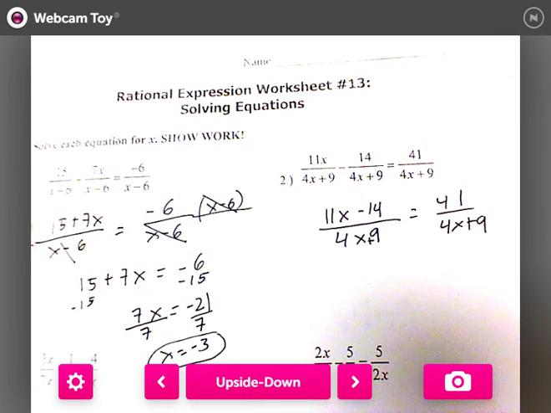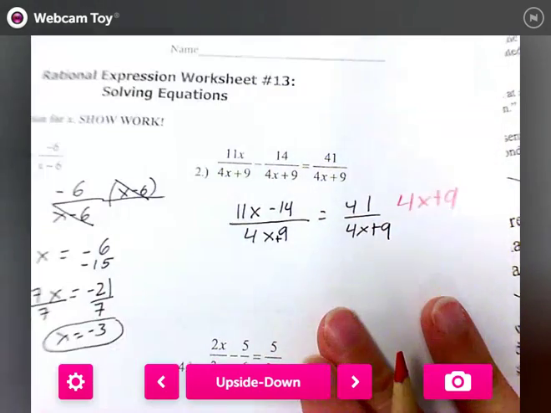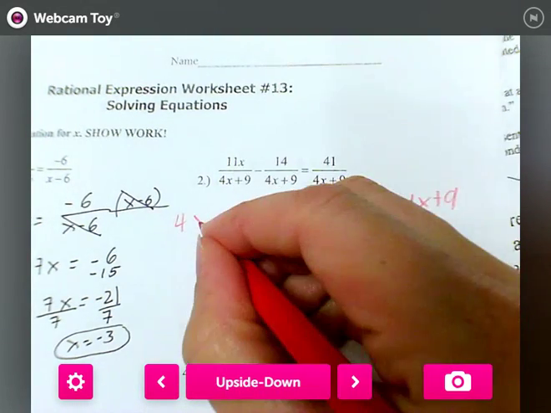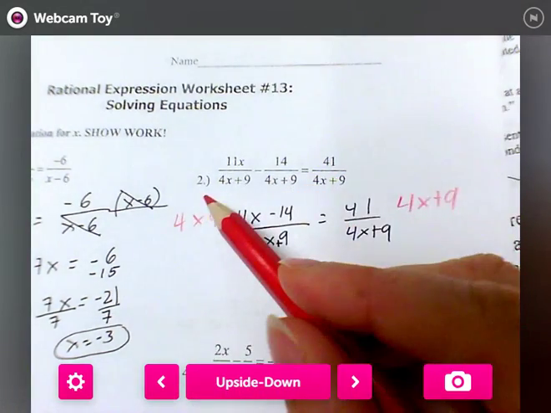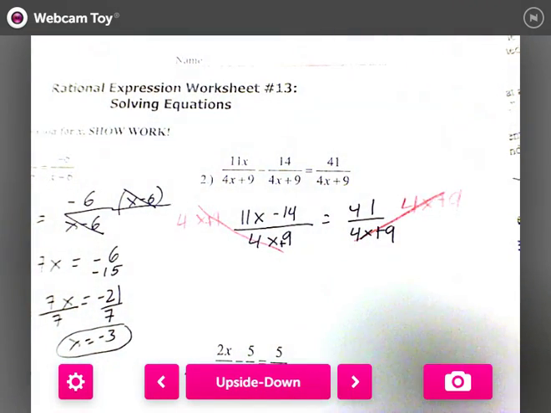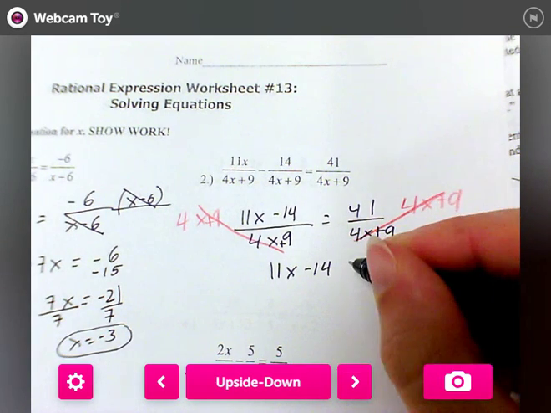Now I'm going to multiply both sides by 4x plus 9. I'm doing this in a different color just so you guys can see the step that I'm taking, so it doesn't all blend together. These cancel out, and I'm left with 11x minus 14 equals 41.